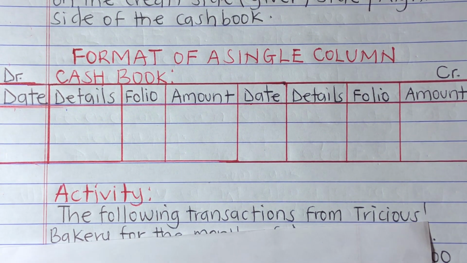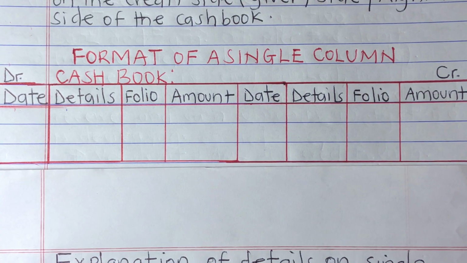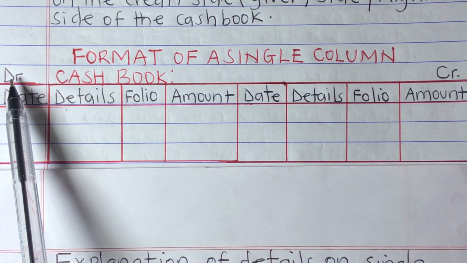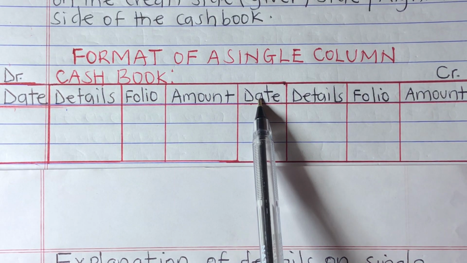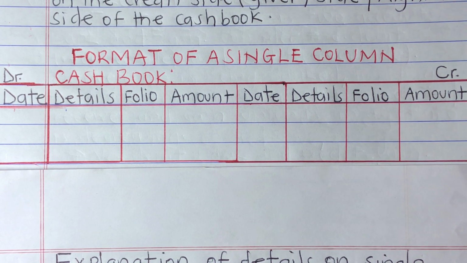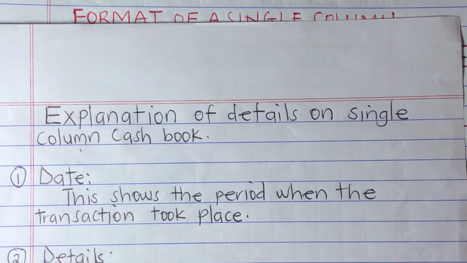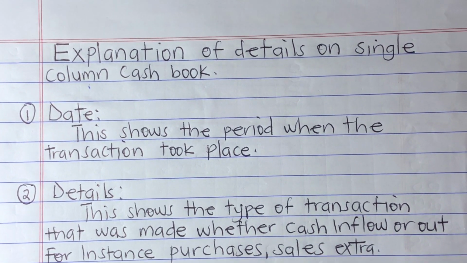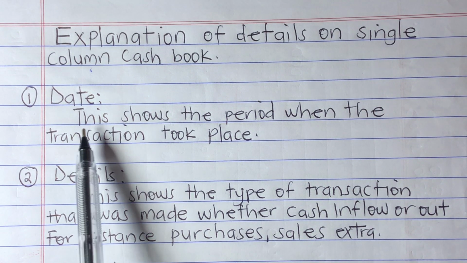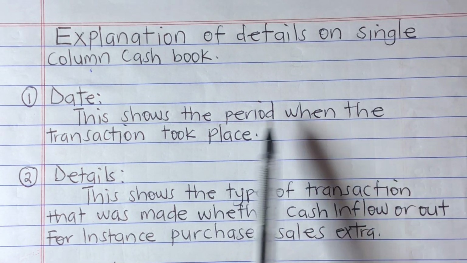I'm going to discuss these details. We have the format here and its details. We have the date, the details, the folio, and the amount on the debit side, and the same on the credit side. The date column records the period when the transaction took place.